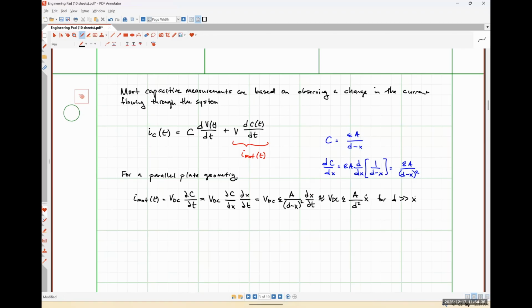Okay. So if our gap between the plates is much larger than the displacements that we are getting due to our change in acceleration and all of that kind of stuff, then what we get is a motional current that is proportional to the velocity of the capacitor plate.